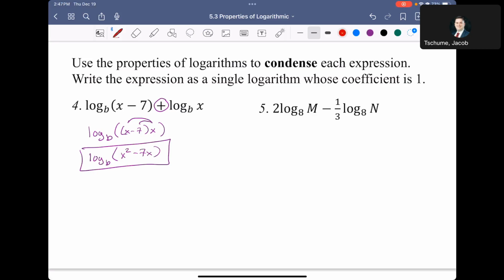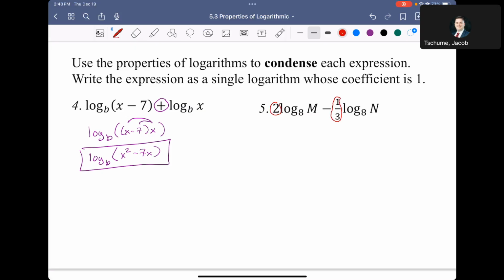Moving over to number 5, you have 2 times log base 8 of m minus 1/3 log base 8 of n. Now, you might remember from the last problem in the last part of this video that typically when numbers are in the front of logarithms, you're going to have to use your power rule. Now, we're going backwards, so the numbers are already in the front.